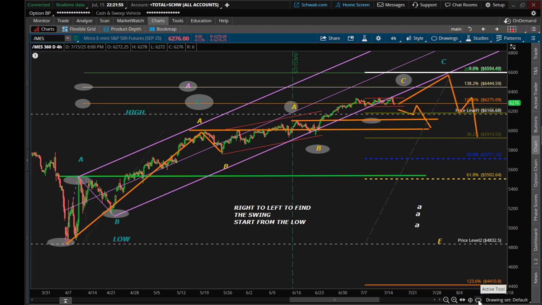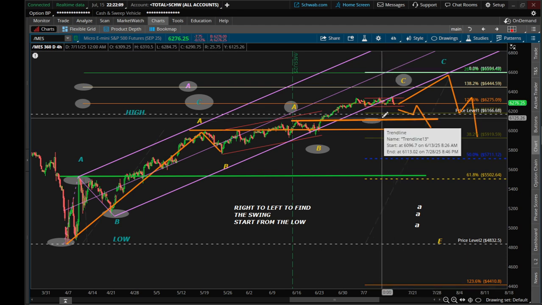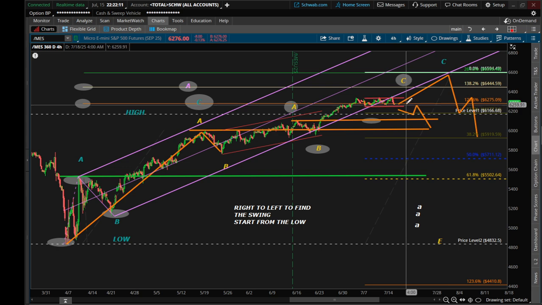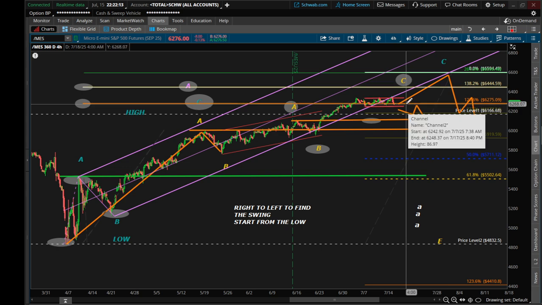I really don't want to draw out any other scenarios based on the alternate count, because it's just getting too crowded. But let me think here.